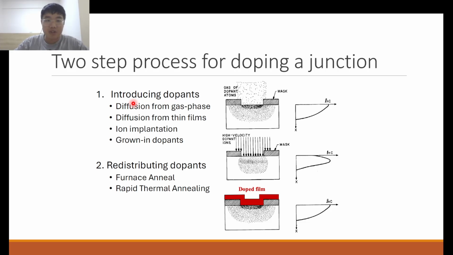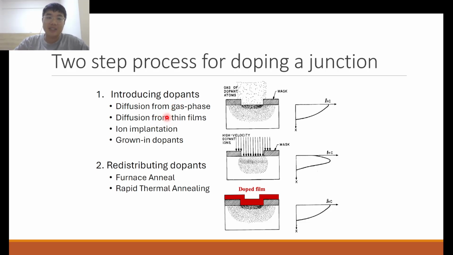For the first step, introducing dopants, there are a few different ways. For example, we can diffuse the dopants in from a gas phase mixture that is rich in the atoms of the dopants we want to put in. The second is diffusion from a thin film of a solid. Sometimes we layer down solid material on silicon that contains the dopant atoms that you want to diffuse into the silicon.